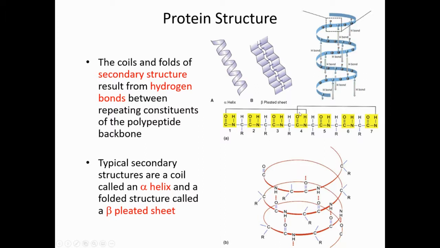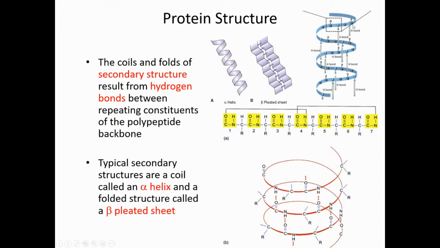Okay, that's how they form the hydrogen bond, and then the coil. Like this coil, and they fold, right? That's a secondary structure, and it relies on this hydrogen bond. This will be the alpha helix coil, a very commonly seen secondary structure. You can see the hydrogen bond between this oxygen from the carbonyl here and this hydrogen from the amide group.